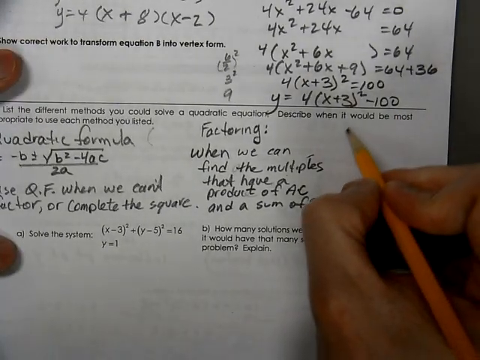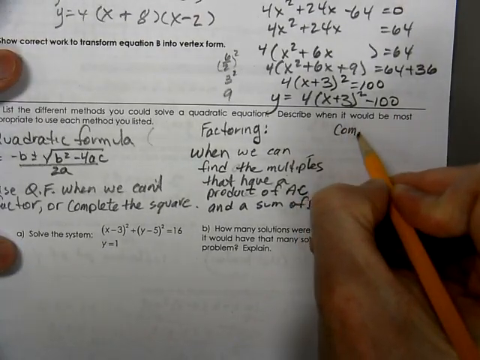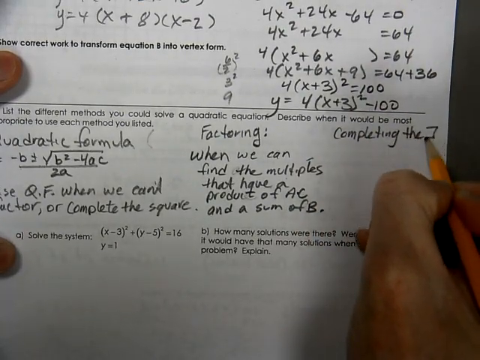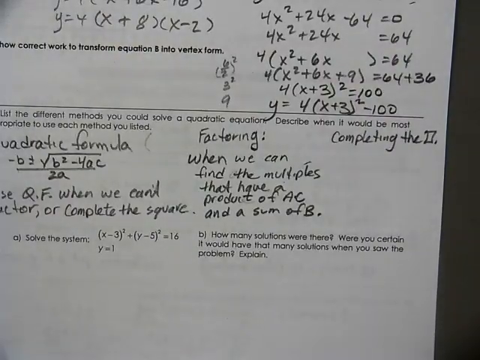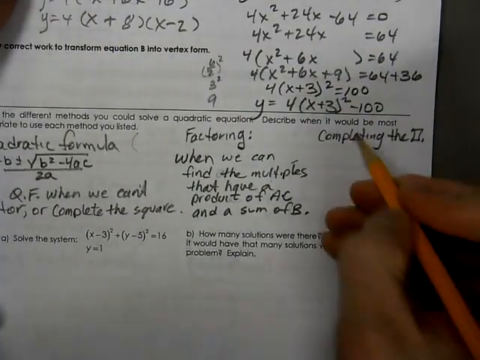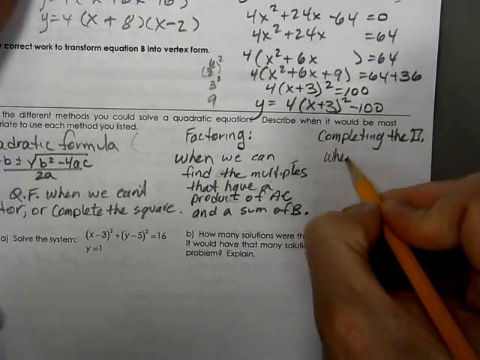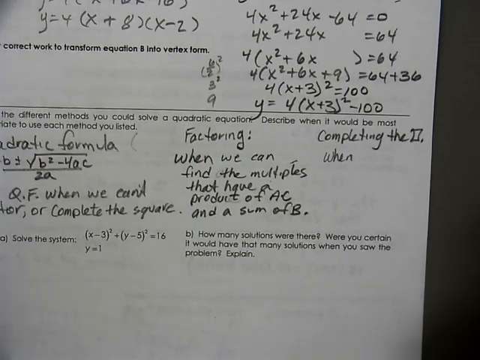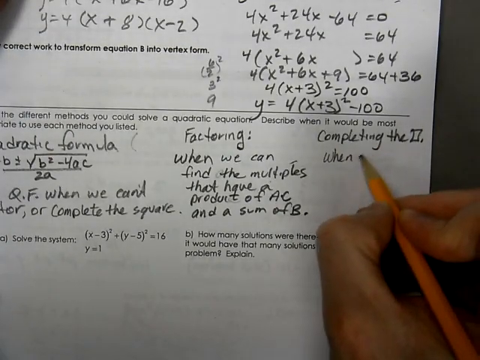Another one we use is completing the square. We can complete the square when the A value divides into the B value.